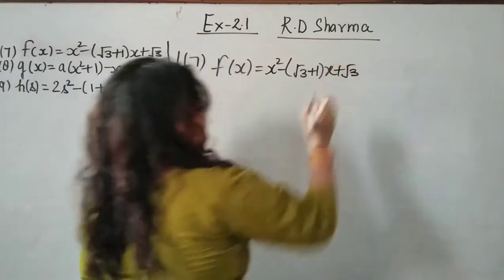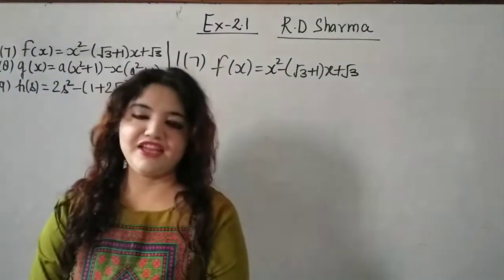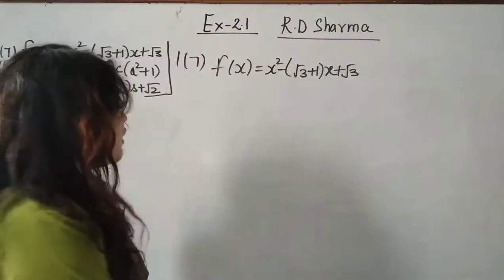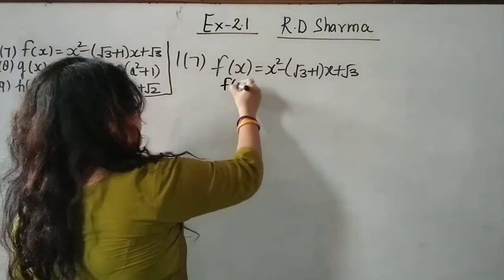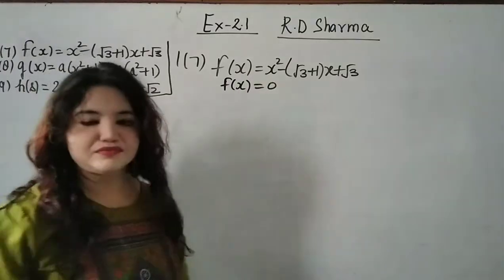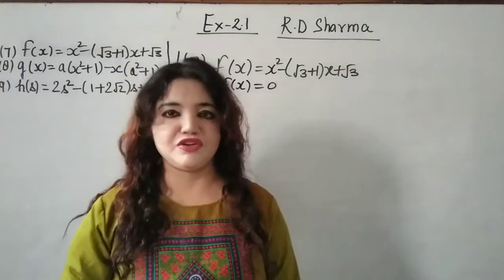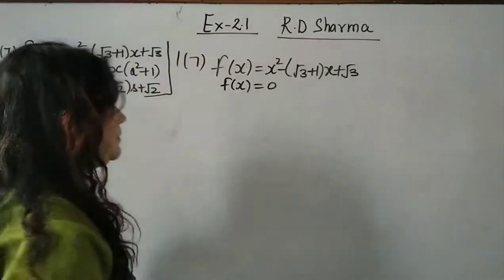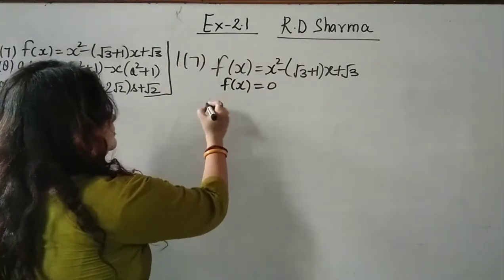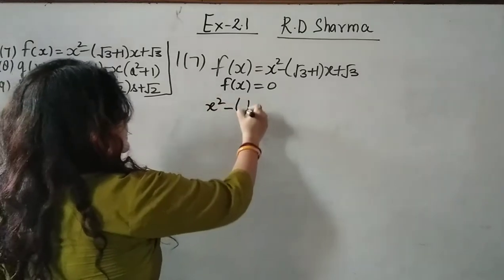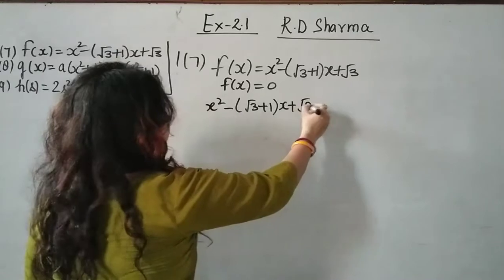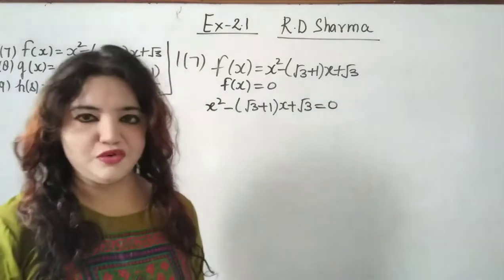This is our polynomial and we have to find its zeros. Finding the zeros means we have to solve the polynomial equation f(x) is equal to 0, so that we can find the zeros of this polynomial. So x square minus (root 3 plus 1) x plus root 3 is equal to 0.